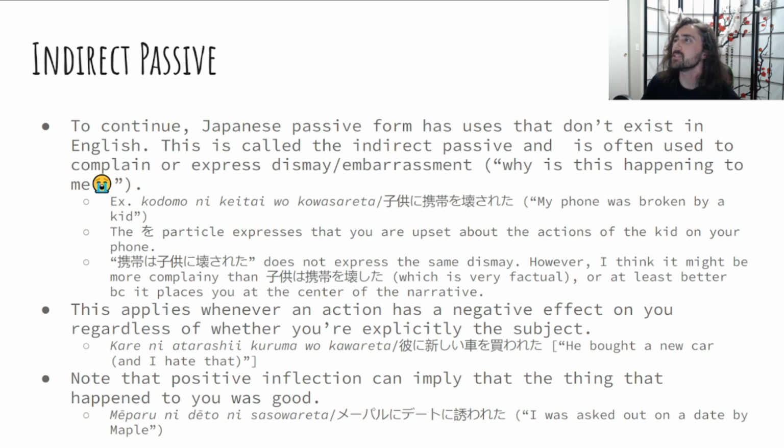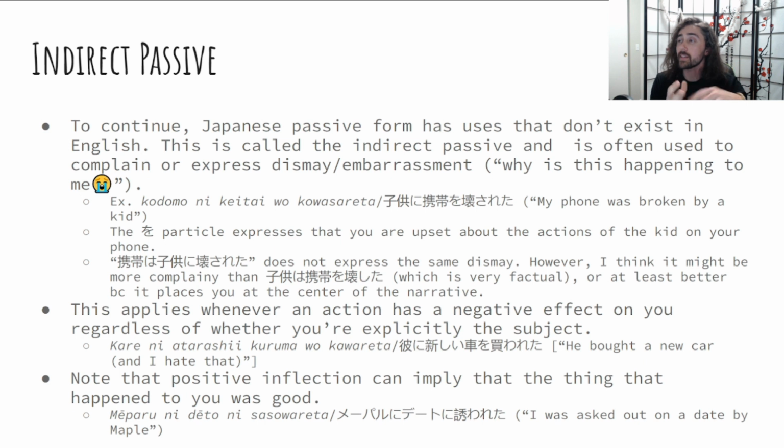So in this instance, you probably wouldn't necessarily need to use passive voice, but you could. You could just say, what kind of car did he buy? Whereas this sentence is more explicit about that. But you could do it that way too, if you still want to take kind of a complainy tone.